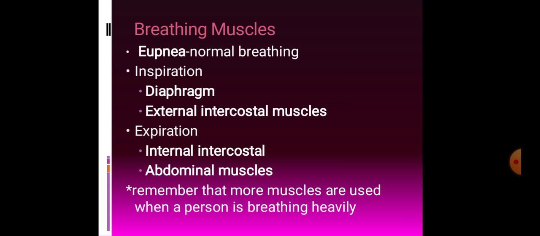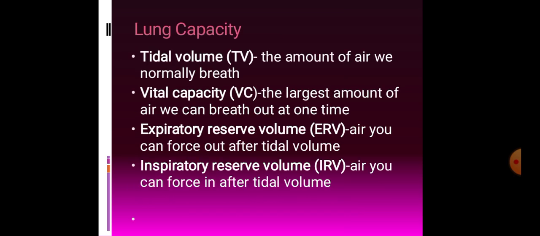During inspiration, the diaphragm and external intercostal muscles are involved. During expiration, internal intercostal muscles and abdominal muscles are involved. Remember that more muscles are used when a person is breathing heavily.